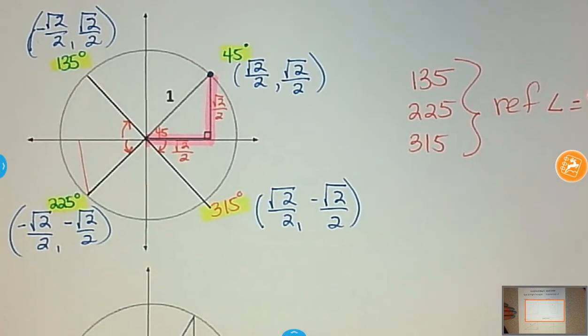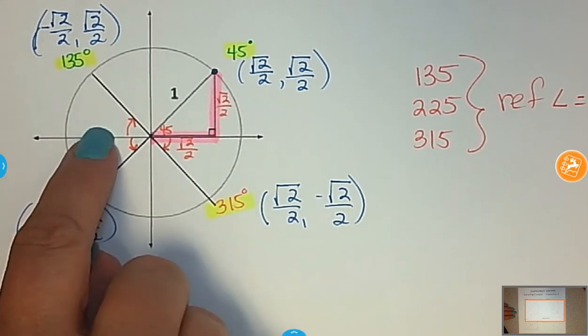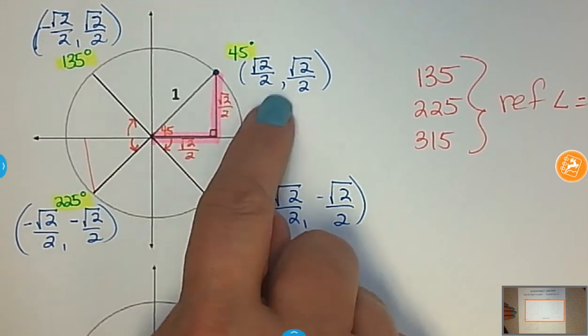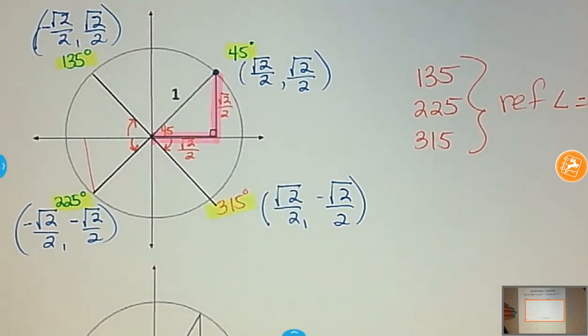So if I were to ask you ordered pairs for any of these, you don't have to have them all memorized. You need to know they are 45 degrees away from the x-axis. So all I have to do is know the ordered pair for 45 and then fix my signs.